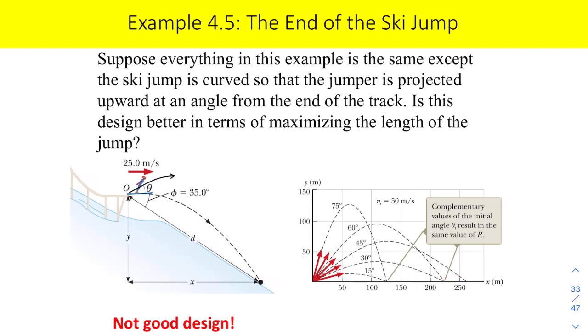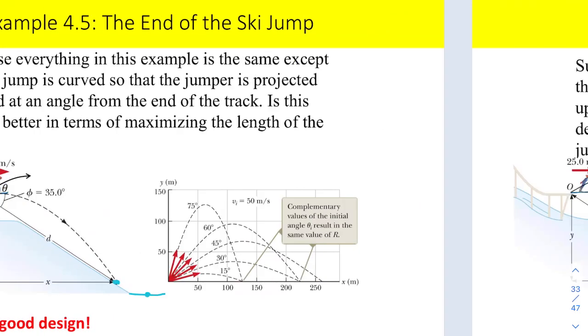For this case it's quite special because she lands on the incline, not on this horizontal surface. So we need to do the particular calculation. But in simple terms, this is not a good idea, because the higher you project yourself from the origin, the shorter the R.